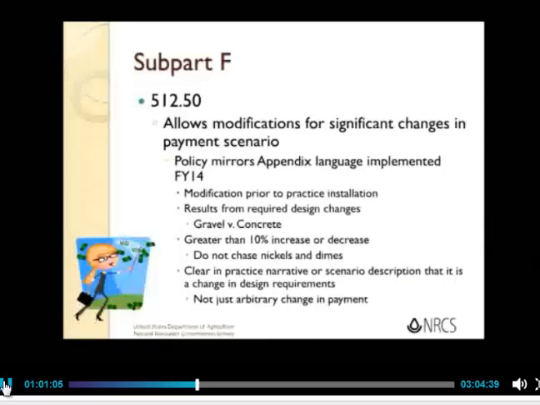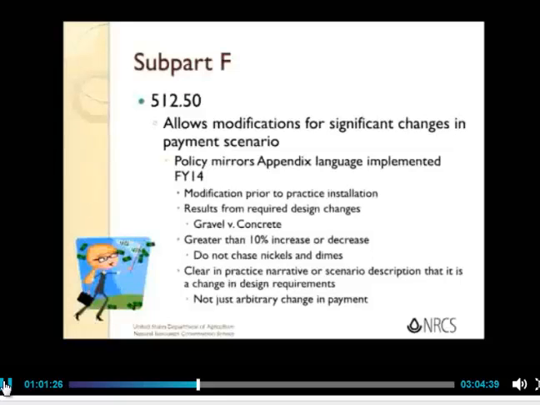And the other criteria that needs to be met is it needs to be clearly defined either in the practice narrative or the scenario description so that the participant is clearly informed that there is a change in the design and the requirements of that practice installation.